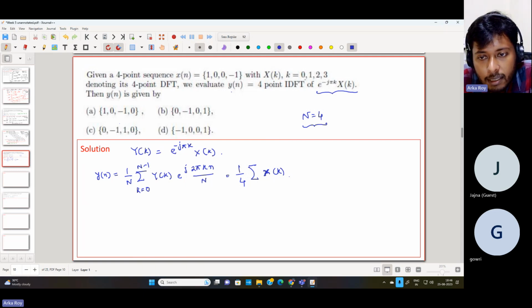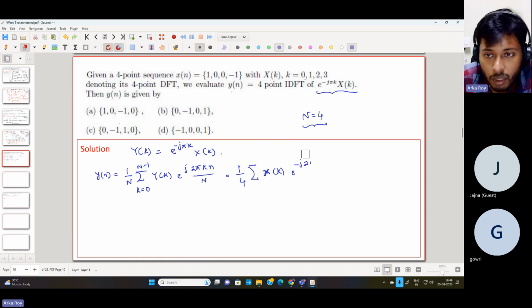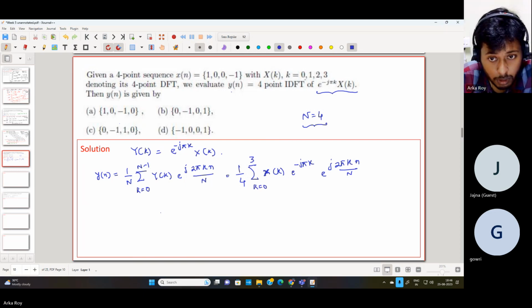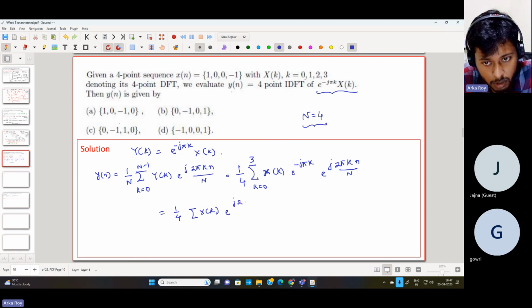So it will be capital Xk, and then e to the power minus j pi k followed by e to the power j 2 pi k n divided by n, and k is running from 0 to 3. So it is 1/4, then x of k, and I can simplify it as e to the power j 2 pi by 4, and then I can take k out, and then I can write it as n minus 2.